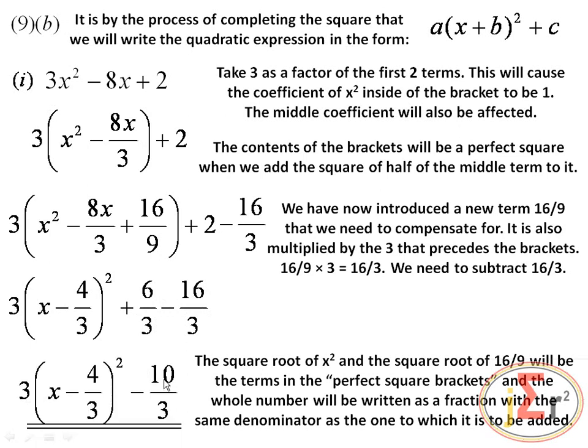And the final answer is 3 times all of x minus 4 over 3 all squared, and we have negative 10 over 3. Positive, negative: we subtract the smaller from the larger, and the answer will take the same sign as the larger.